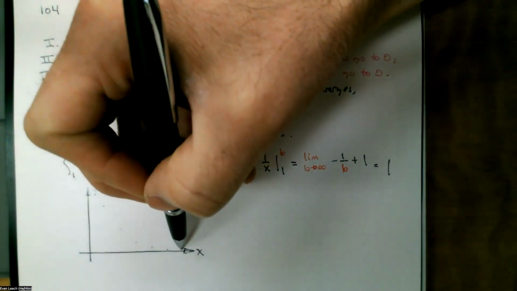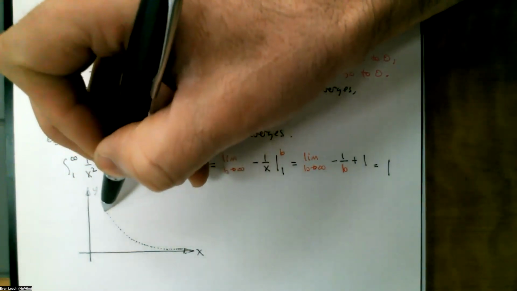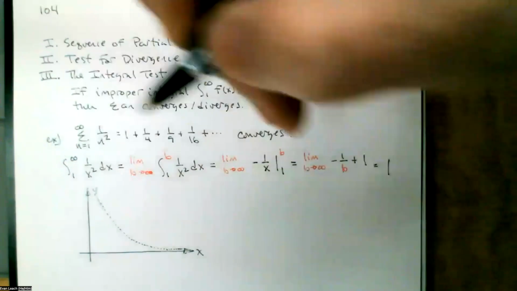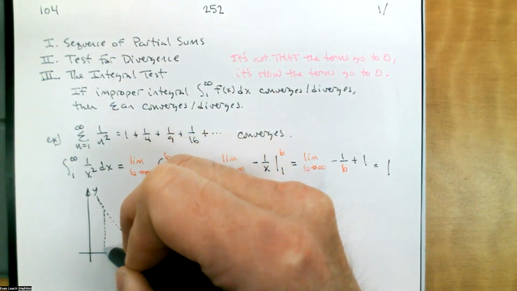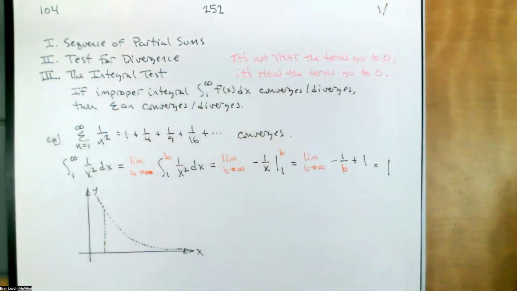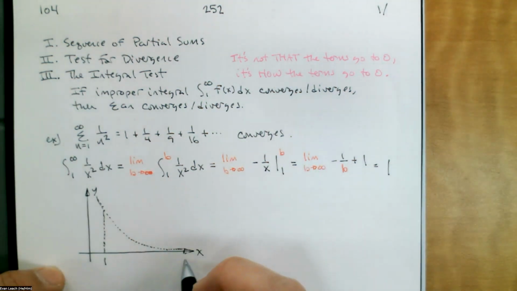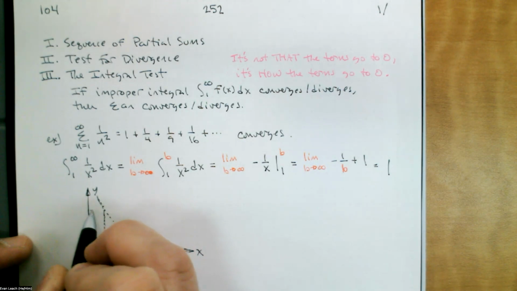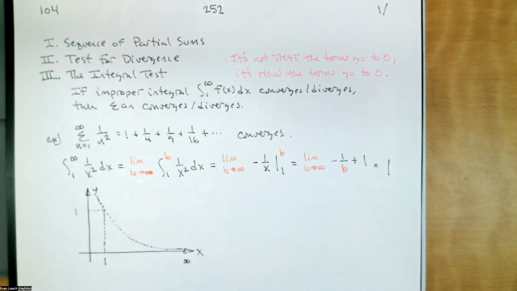So this is going to start looking a lot like what we had yesterday. The area under the curve 1 over x squared and above the interval from 1 to infinity is equal to 1.